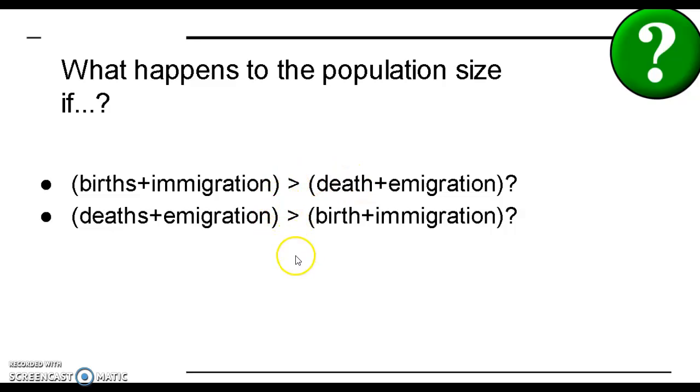What would happen to the population size if the reverse was true? If we had more deaths and individuals moving out than individuals that are born and individuals moving into the population.